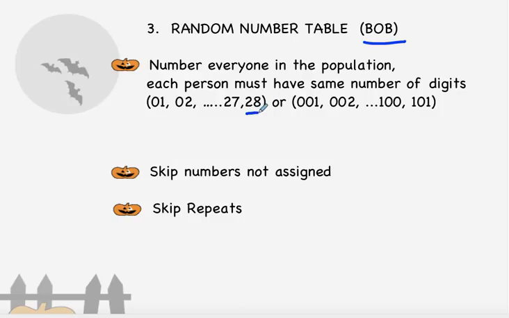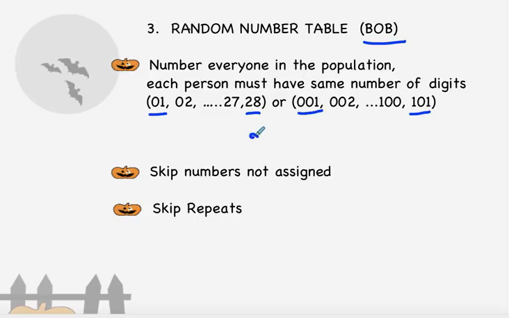So if there's 28 people, then we have to start numbering everybody as a 2-digit number. So your very first person would have to be 01. If we had 101 people, that's 3 digits. We have to start by labeling everybody with 3 digits. So your first person would have to be 001.